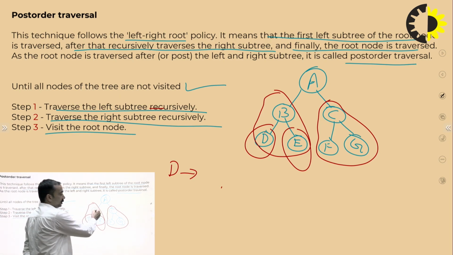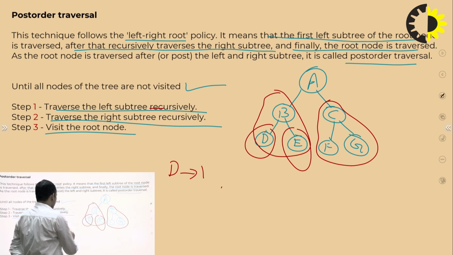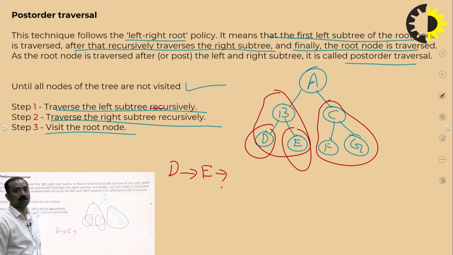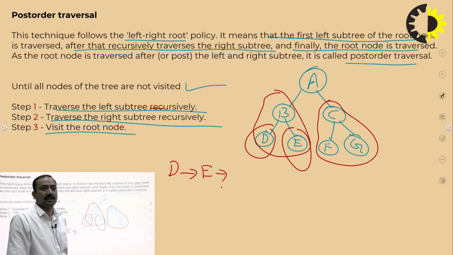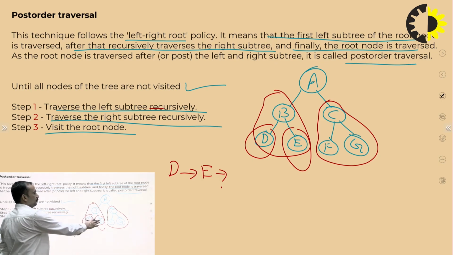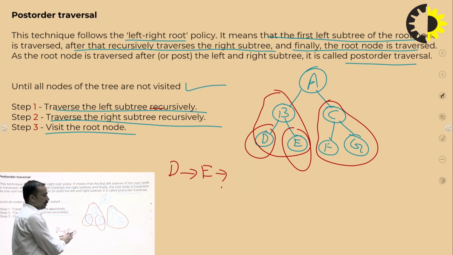Then move back to the root of D, which is B, and visit the right subtree of B, so we have E. We visit E and check for the left and right subtree of E. The left and right pointers are null, so this is a leaf node, and we stop here.